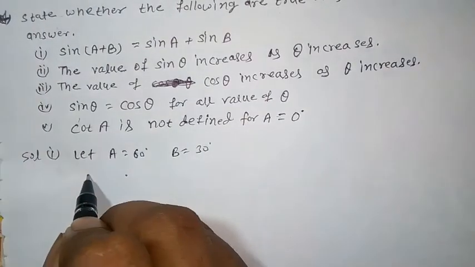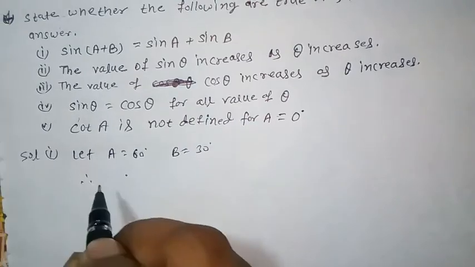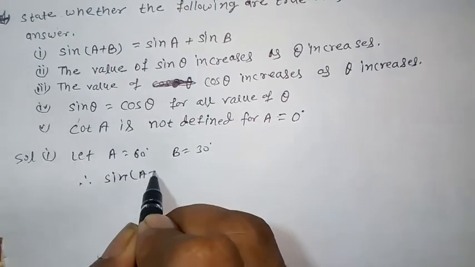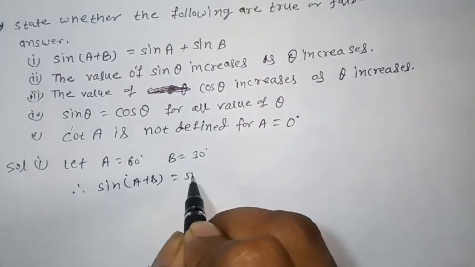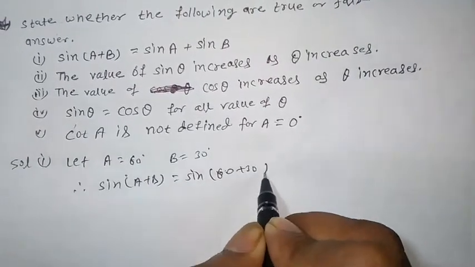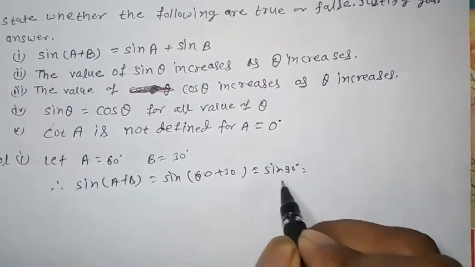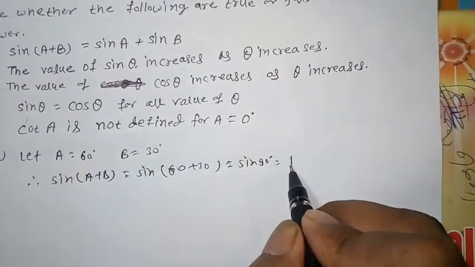So sin(A + B) = sin(60 + 30) = sin 90 degree. The value of sin 90 degree is equal to 1.